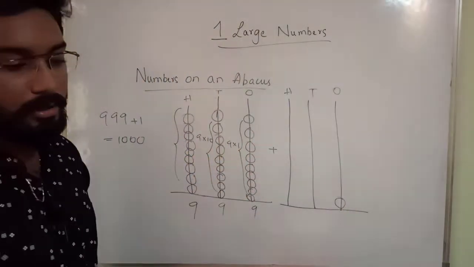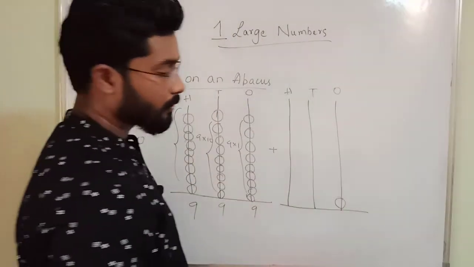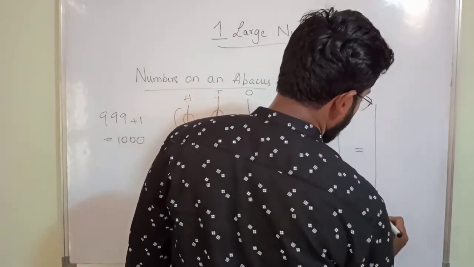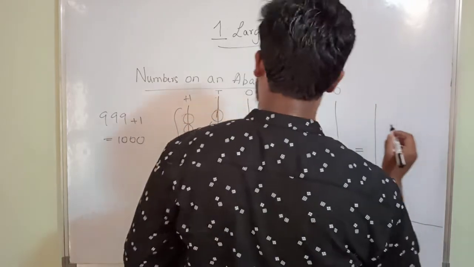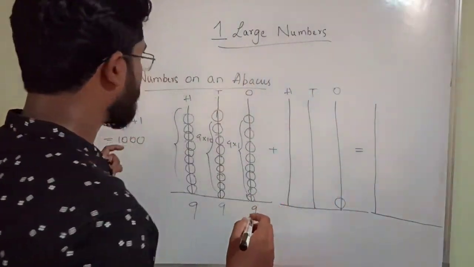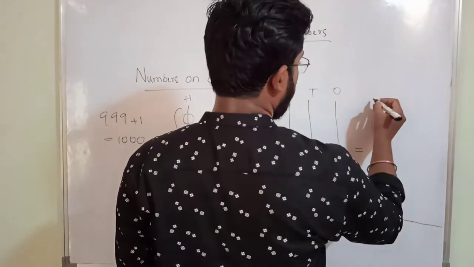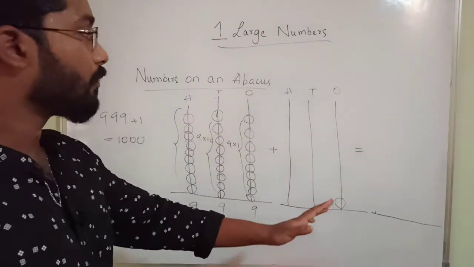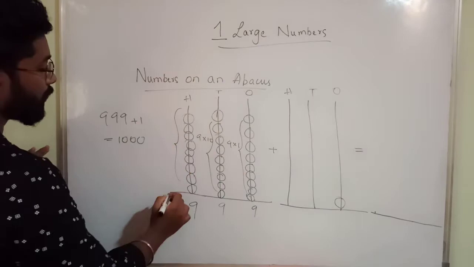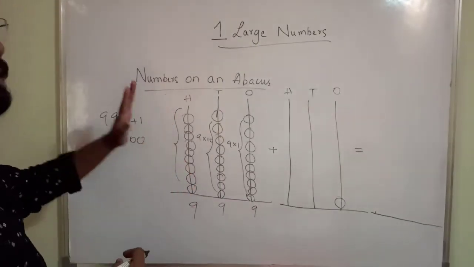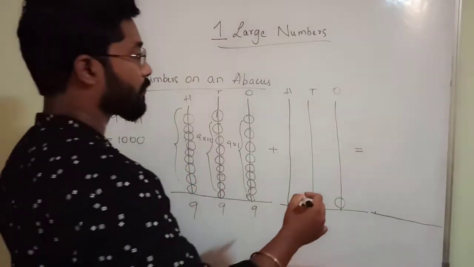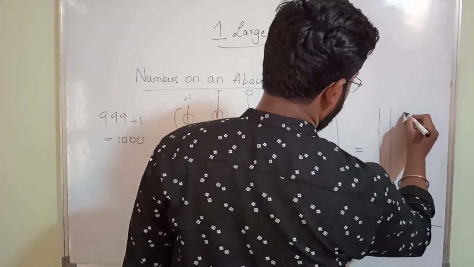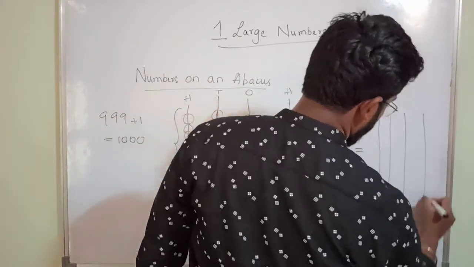How much is the total value? You will get 10,000. 10,000 means you can write here in 1000 value, you can keep 1000 value, add one more here 1000 and write 10 beads, or else take the next like this. This is 1 2 3 4.